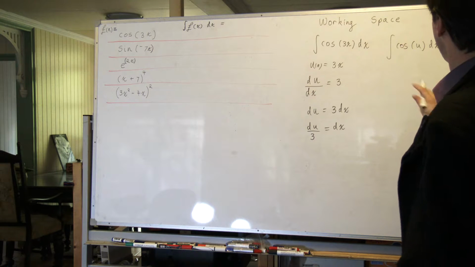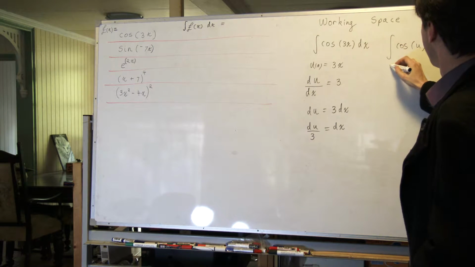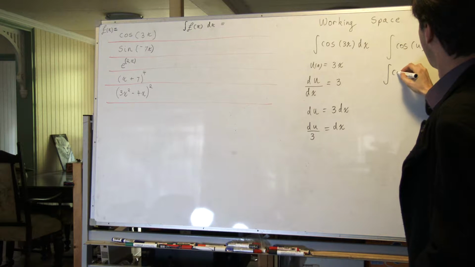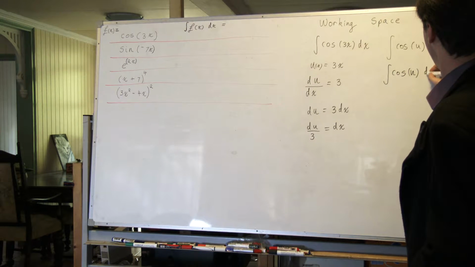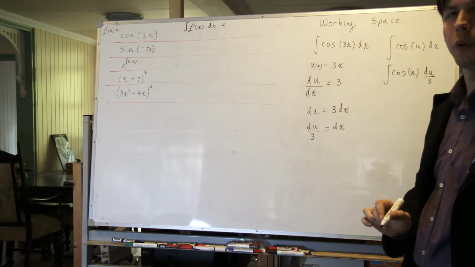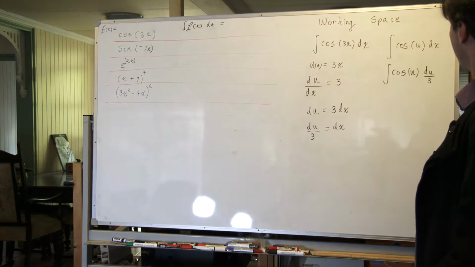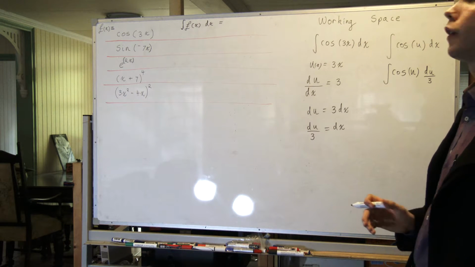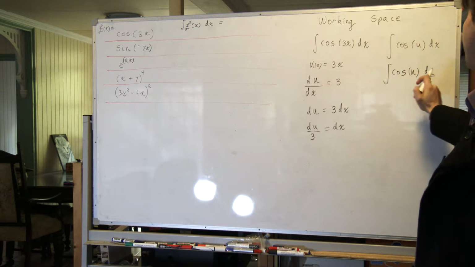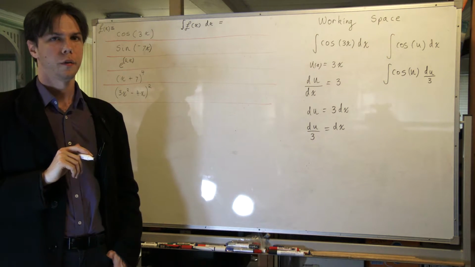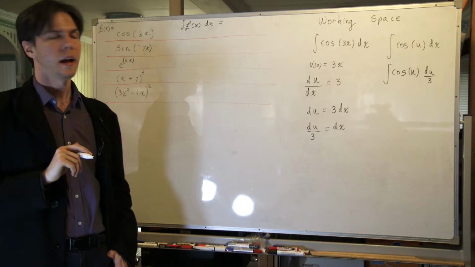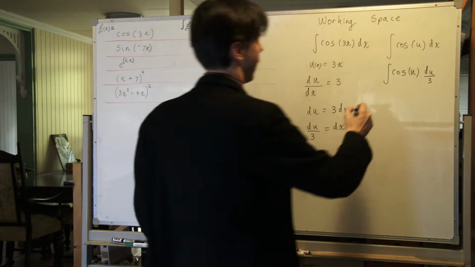So this becomes the integral of cos of u with respect to u over 3, and now I just take that over 3 and I bring it out the front.